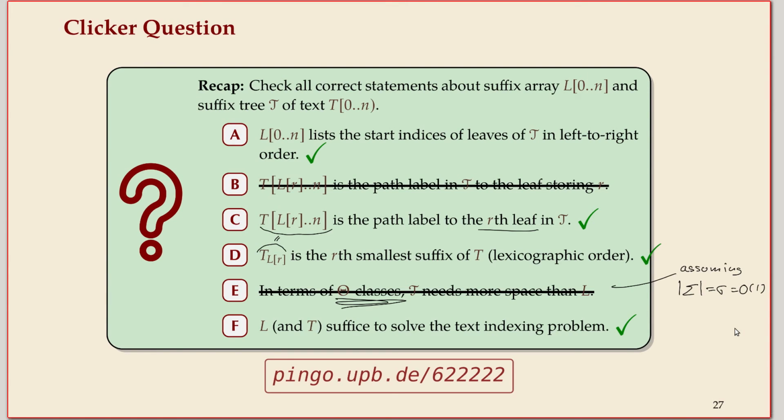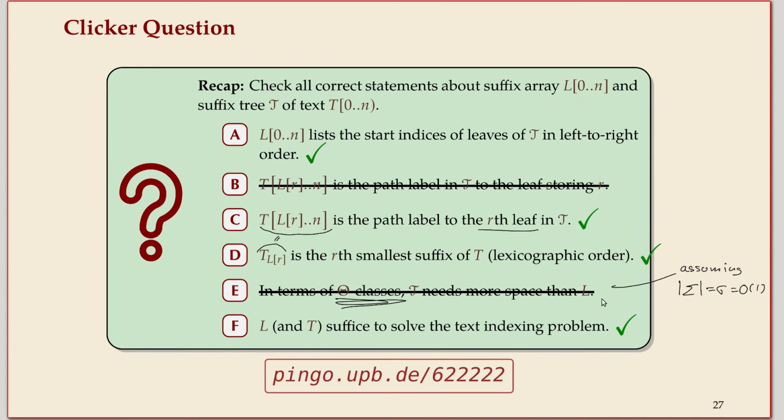In that case, if the alphabet size is constant, each node in the suffix tree only needs a constant number of words, and then we're fine with this linear space. And on the other hand, the suffix array, of course, is also linear space. It stores a single integer for each entry, and there's n+1 entries.